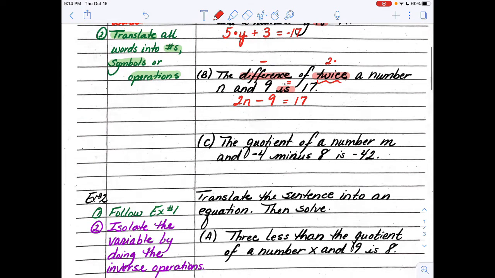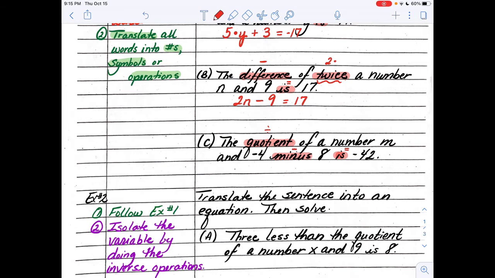So let's go ahead and look at that last one, C. Again, quotient, minus and is. Quotient, well, you know that's division. Minus is subtraction, and is our equal sign. So now again, we're going to go ahead and translate from left to right.